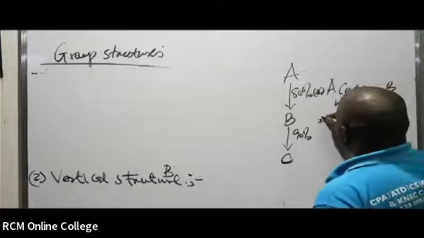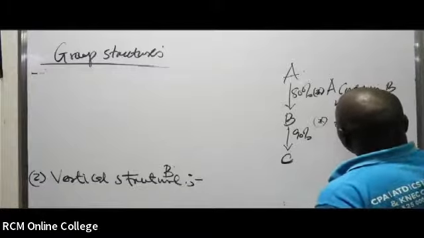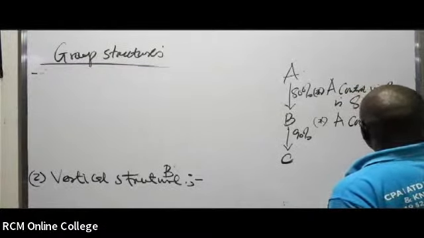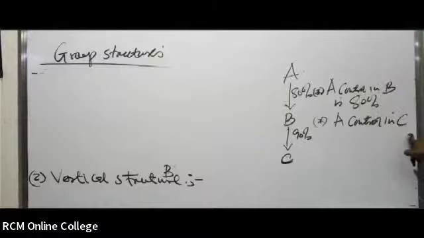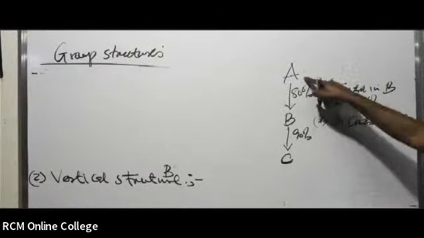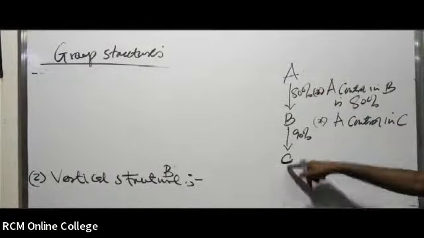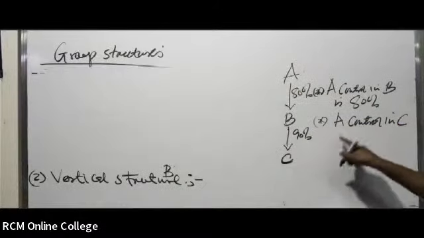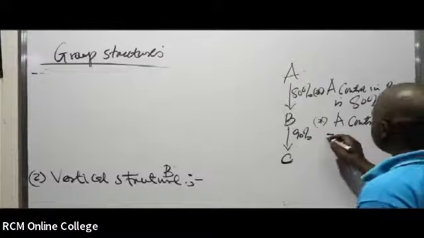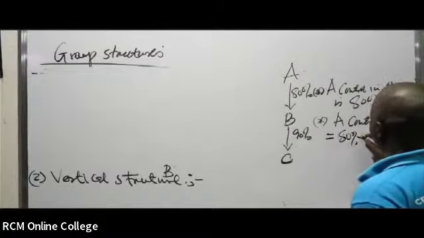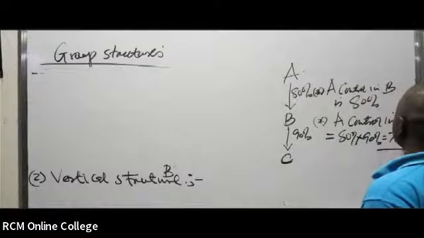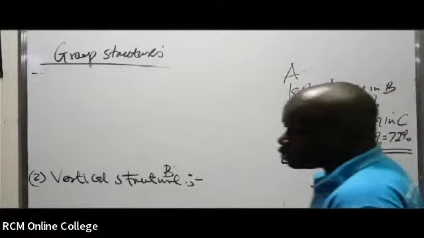Then another thing that is very important, as control in C, how do we get it? Listen to what I'm going to do here. As control in C. Remember, A has not directly acquired in C, but still it has control in C. So as control in C is equal to 80% multiplied by 90%, which is equal to 72%.